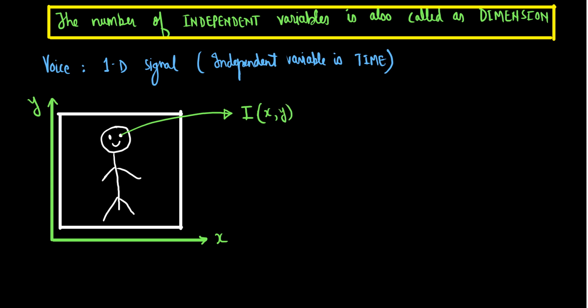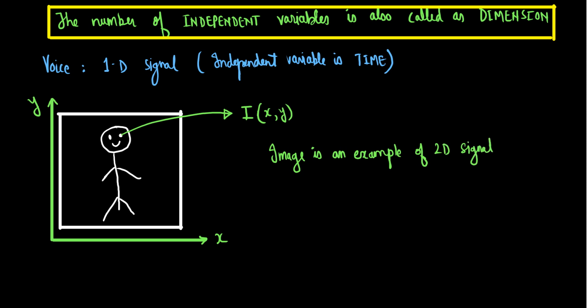So X and Y here indicate two independent variables. Therefore, image is an example of a 2D signal. Let me write that. Image is an example of a two-dimensional signal.